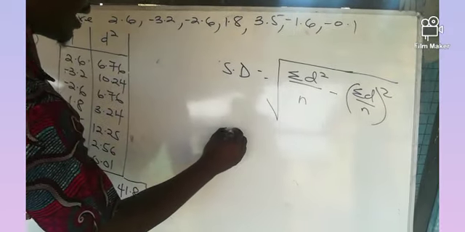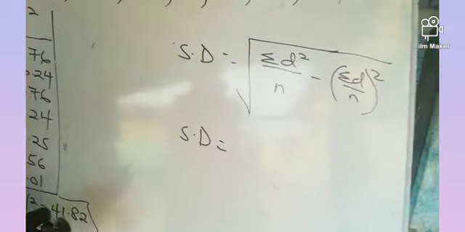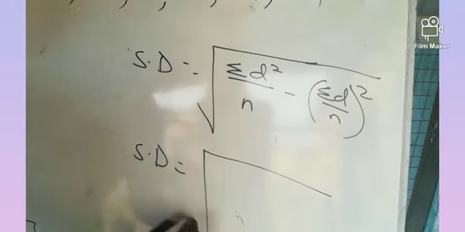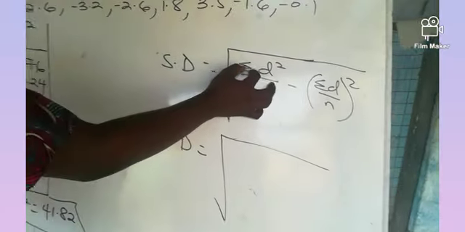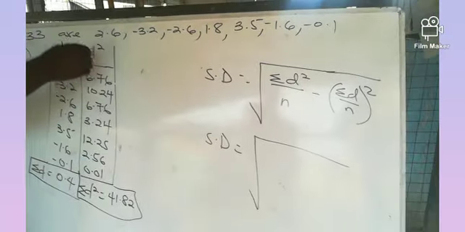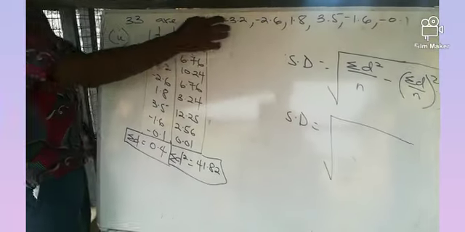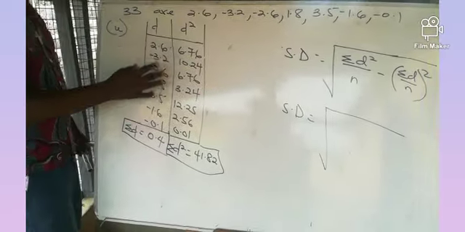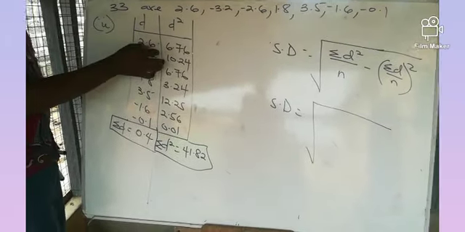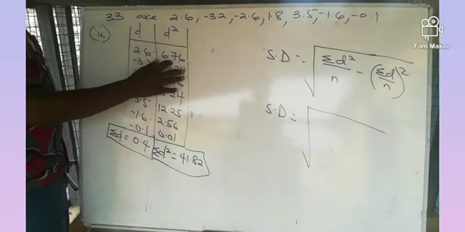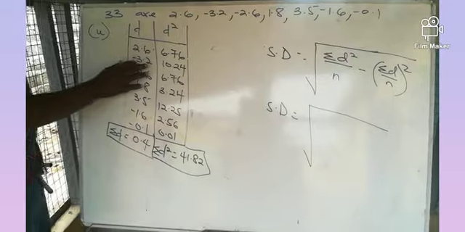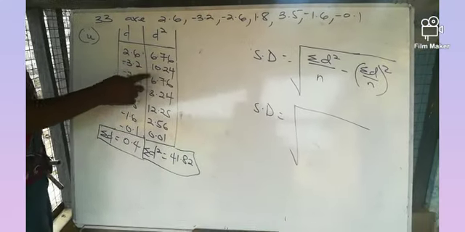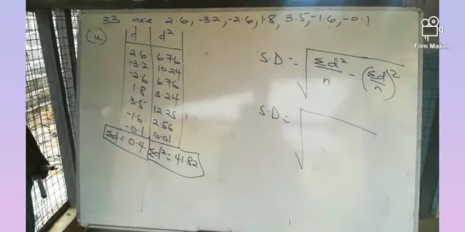So SD is going to be, so how will you get summation of d squared? You first find d squared using this number. So you can create a short table for them. And you will get 2.6 squared is 6.76, minus 3.2 squared is 10.24.